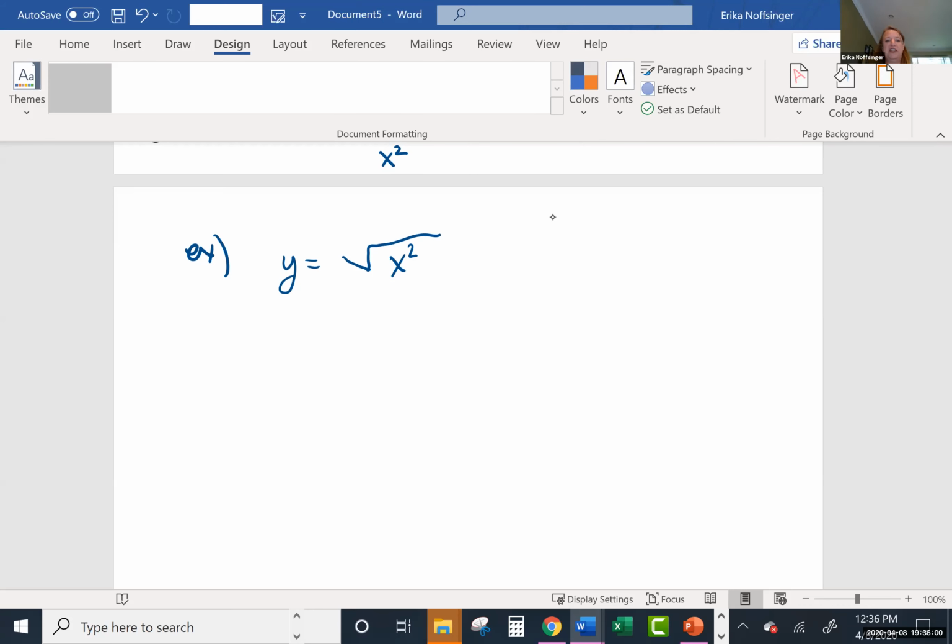Okay, so I'm changing it up now because right here I have the x squared. So I have y equals the square root of x squared plus 1 inside the parentheses, all times sine of x, all over x plus 3 all times x minus 1.